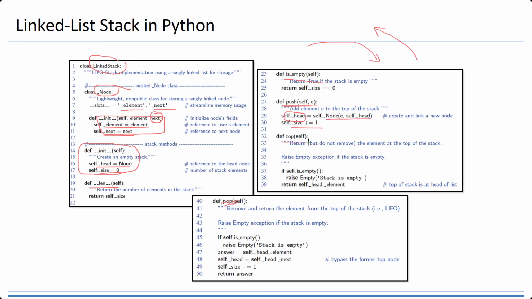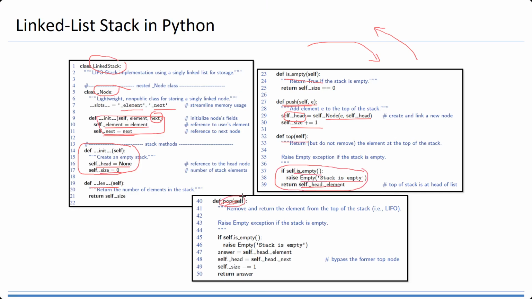Top, we want to check what is the top element of the node of the stack. So if the stack is empty, then we raise an exception, and then we give back the element, what is the top of the stack.